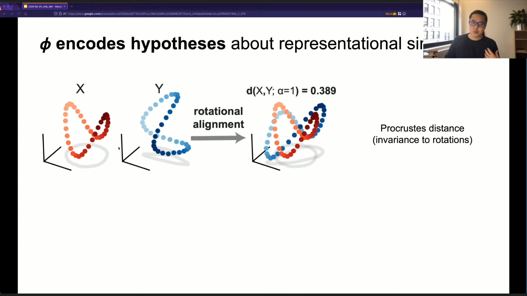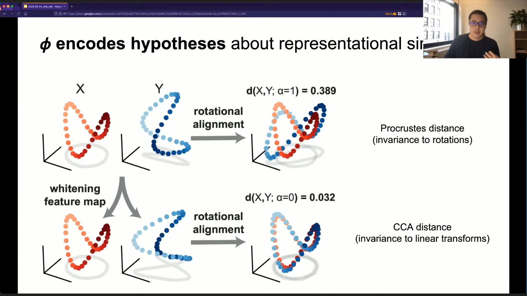However, if we were to, for example, perform a whitening transform on X and Y before alignment, then it turns out that this yields something that is very close to canonical correlations analysis. And this would provide a distance that is invariant to any arbitrary linear map.